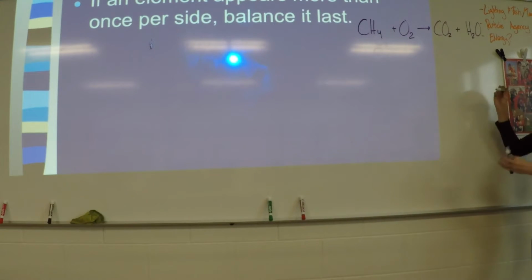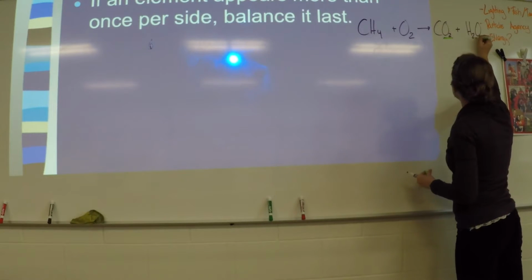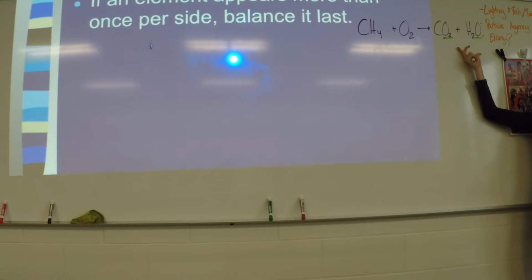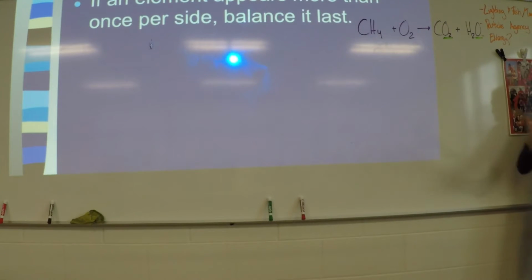Oxygen. Yep, in general, I would wait because oxygen is here and here, in 2 different places on the same side. Wait until the end because it might just work itself out. Otherwise, it can get a little tricky if you try to fix it in the beginning, because you put a number here and it changes, you put a number there and it changes, and it just keeps changing on you.